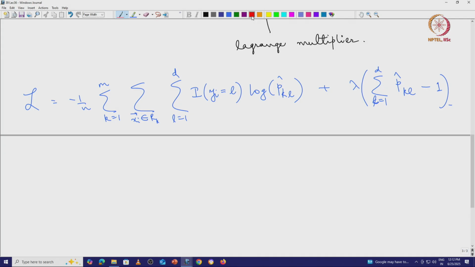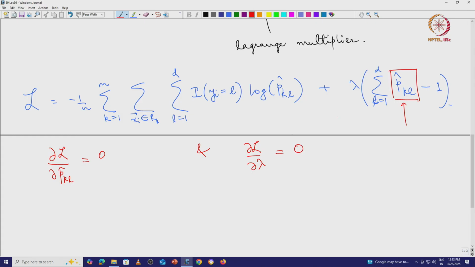The first thing to do in a constraint optimization is to differentiate the Lagrangian with respect to the independent variables. The independent variables here are the p hat k L's, the variables we want to determine. This is 0 at an optimum, and you also differentiate the Lagrangian with respect to the Lagrange multiplier and set that to 0.